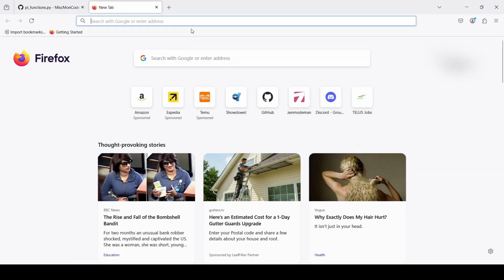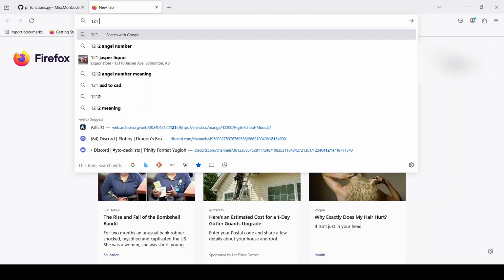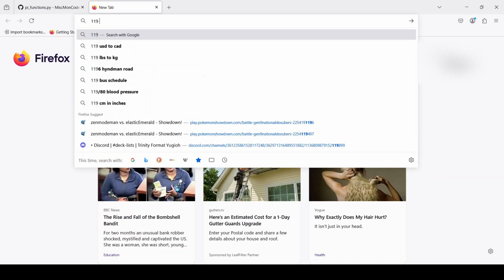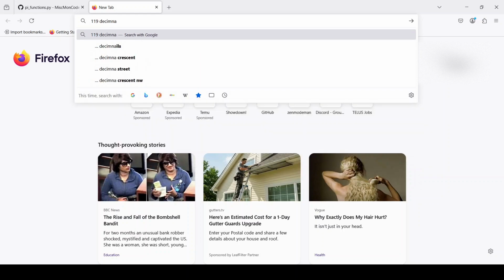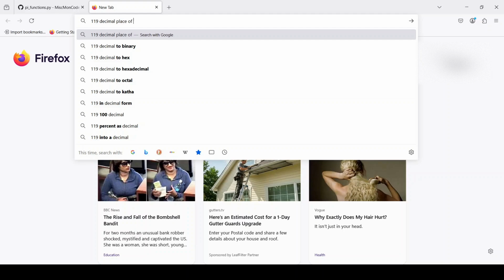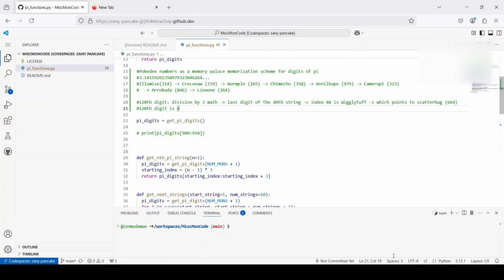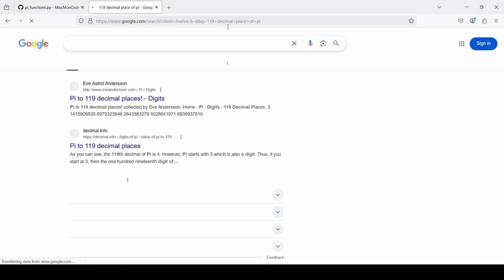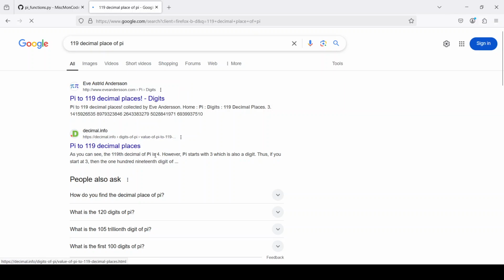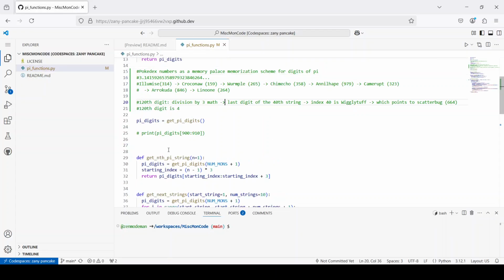The 119th decimal place of pi, because most of the things online go by decimal places. I go by strict digits, with 3 being the first digit. But the 119th decimal place of pi, yes, it is 4. So that is correct.